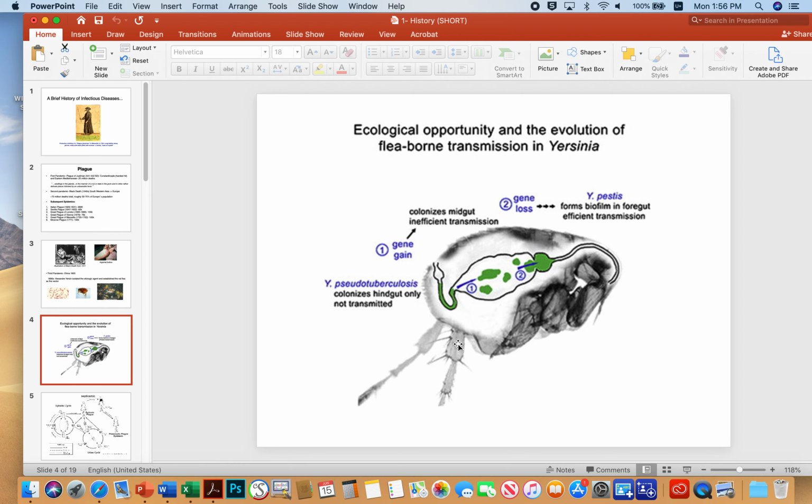And again, this flea would normally feed, fill its little belly up, and then drop off and not need to eat again for a long time. However, if this flea has a clogged proventriculus, the flea will be biting like crazy trying to eat, and so it'll bite hundreds of individuals in a dense population, and still not be satisfied. But all the while, will amplify the spread of Yersinia pestis.